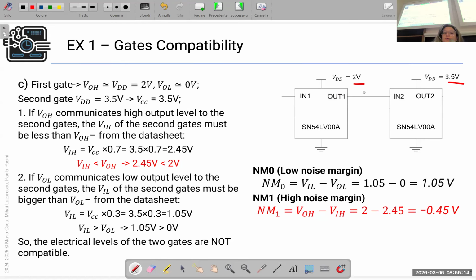So we have to manage different values that we have to retrieve from the datasheet. In this case, the second gate is given in a condition of power supply 3.5.